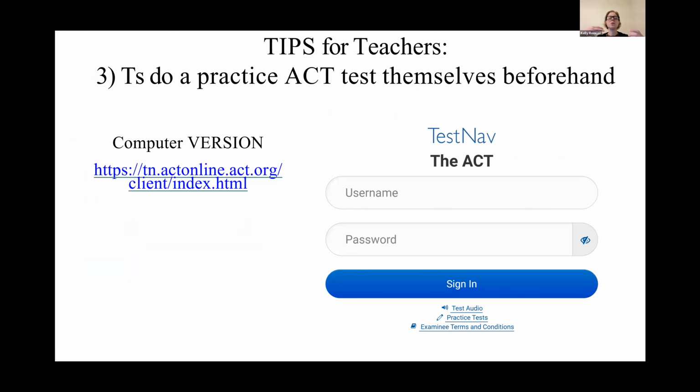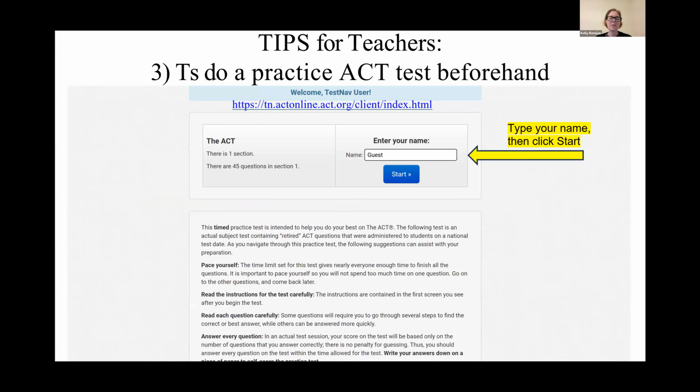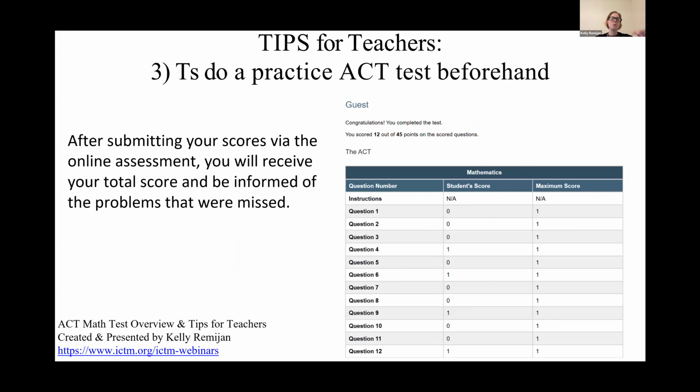Now, once you've given students test taking strategies, this is where you can do the ACT practice test yourself before you have students do it. You could just click on practice test, mathematics, the time test, put your name in if you want, and then go through the process of doing those 45 problems.